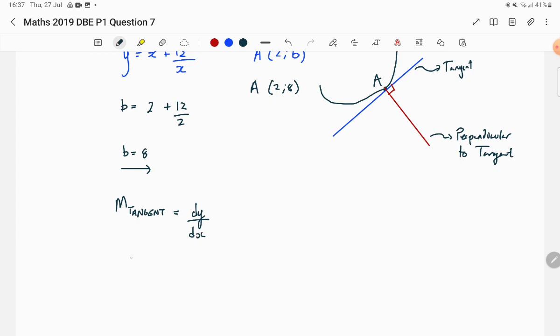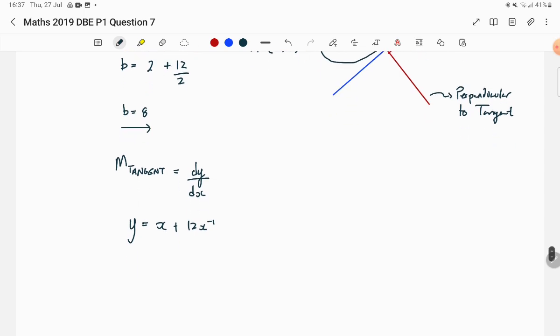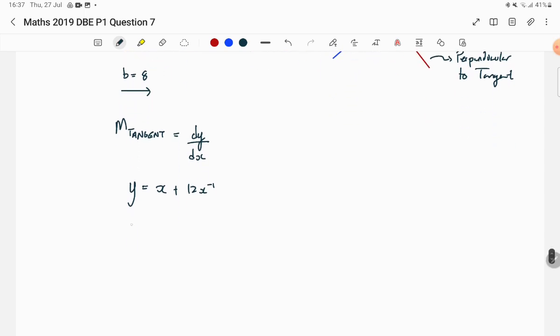Let's first write down what y is, and remember we need to make sure our variables are in the numerator in order to work out the derivative. Once y is in its correct form, we can find dy by dx. This will be 1 minus 12x to the power -2, which is 1 minus 12 over x squared.